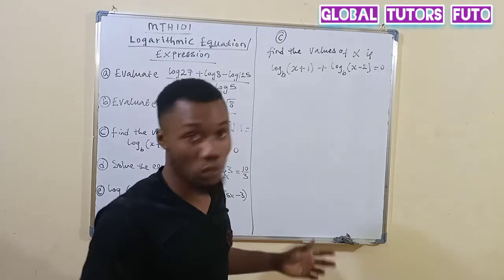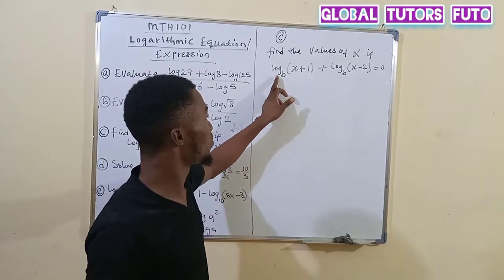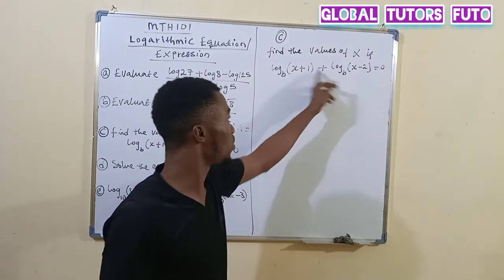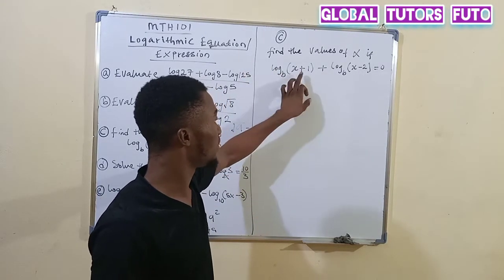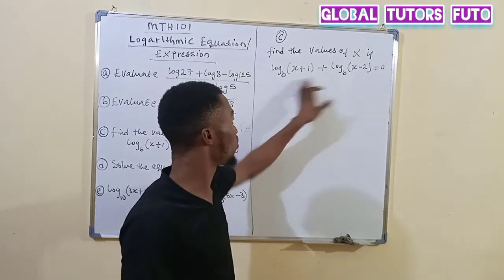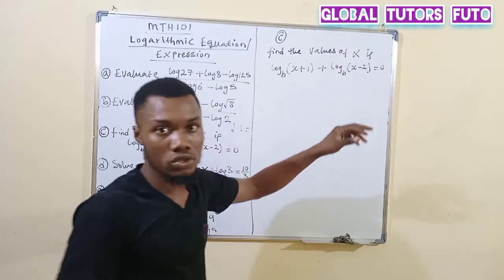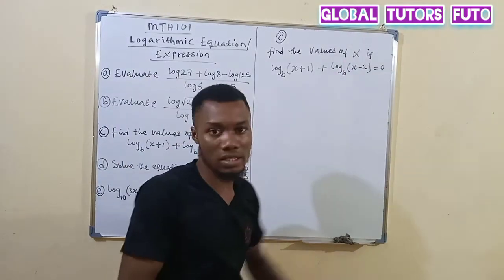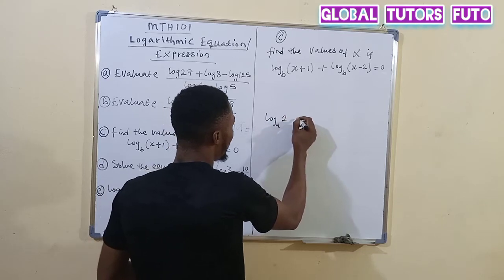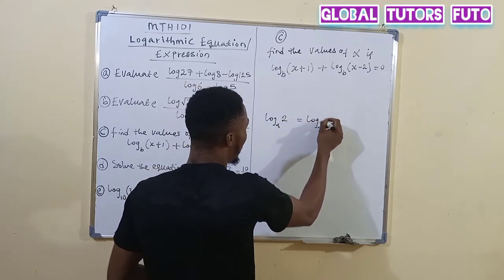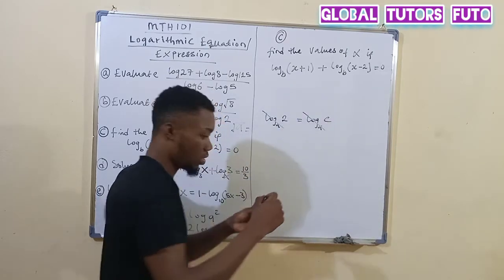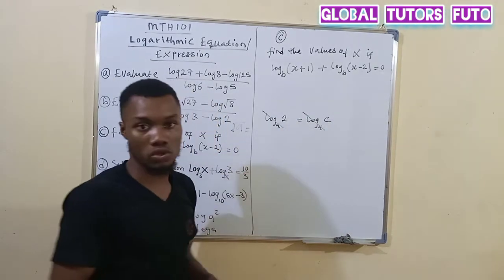We still know the rules: when you have this and this with the same base, since it is plus, you take log b, then this times this. But at this time, since they are just two and it is equal to 0, don't you think that taking this one to the other side would help? I know that if you have something like log a of 2 is equal to log a of, let's say, c, then log a can easily eliminate log a such that c will be equal to 2.